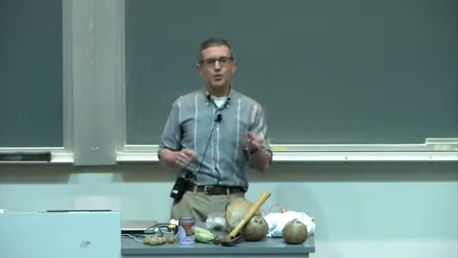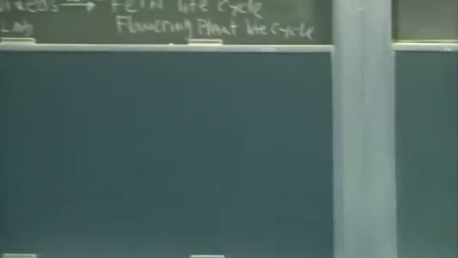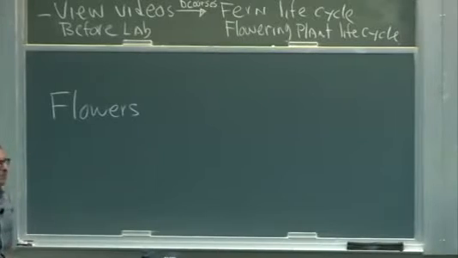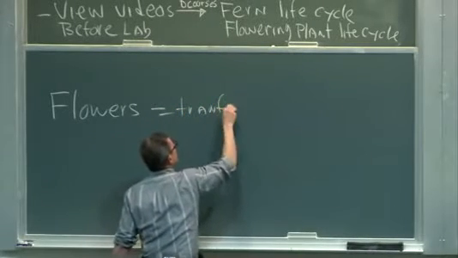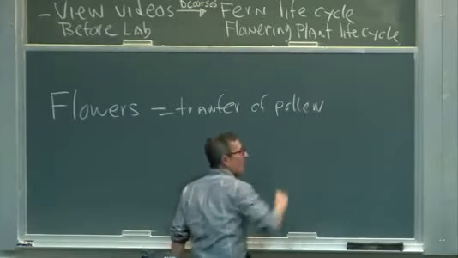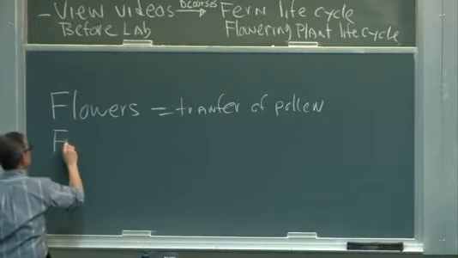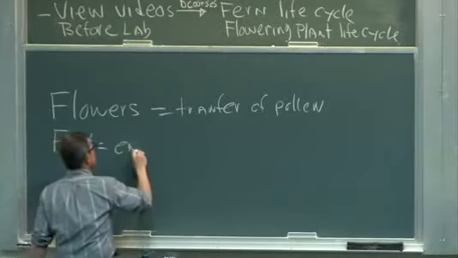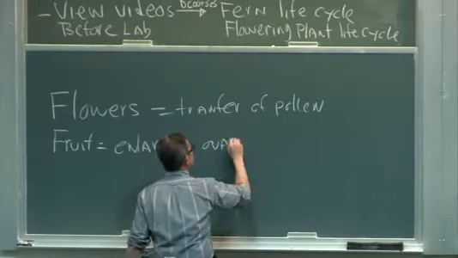And we said that the two main reasons for the success of the angiosperms, among the many, was that they produce flowers, and the flowers help with the transfer of pollen, and we talked a little bit about that last time. And that secondly, that they produced a structure which is known as a fruit, which we said in most cases was an enlarged, although not always, ovary wall.